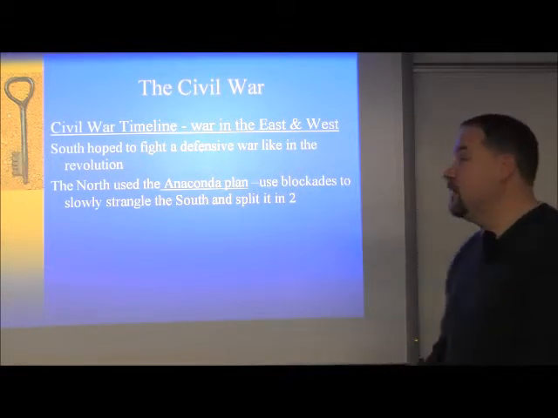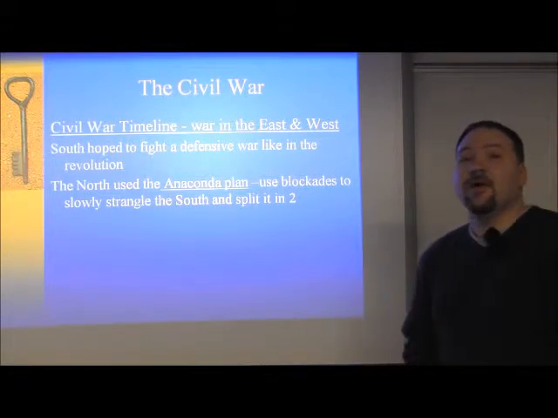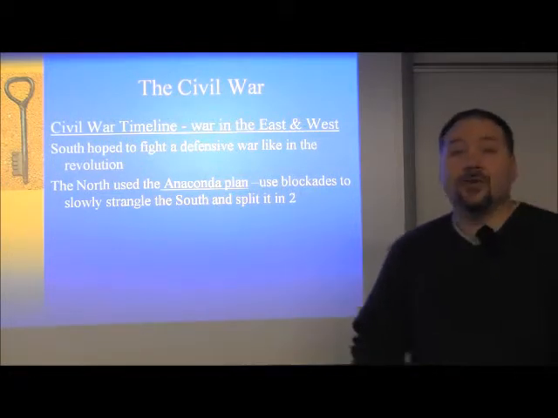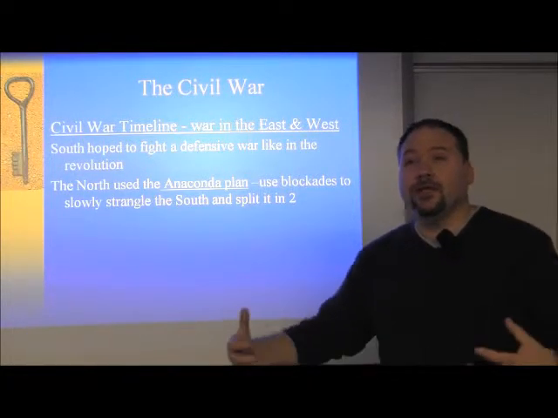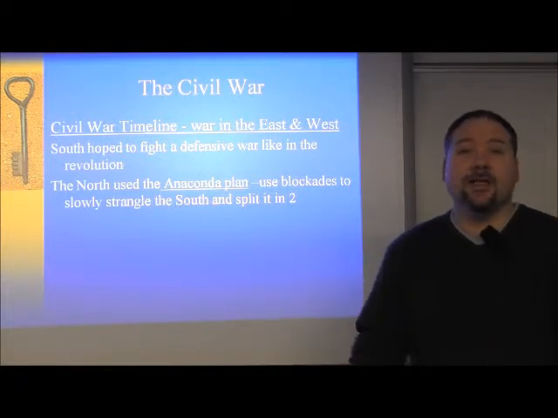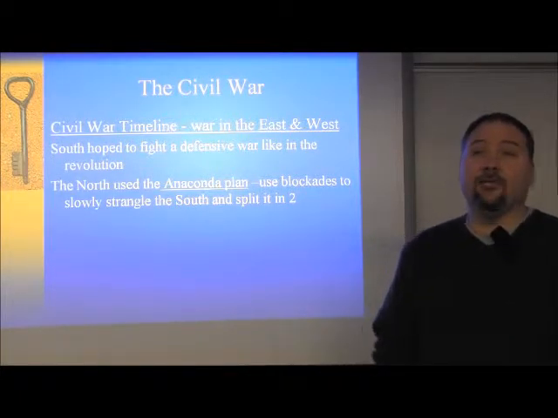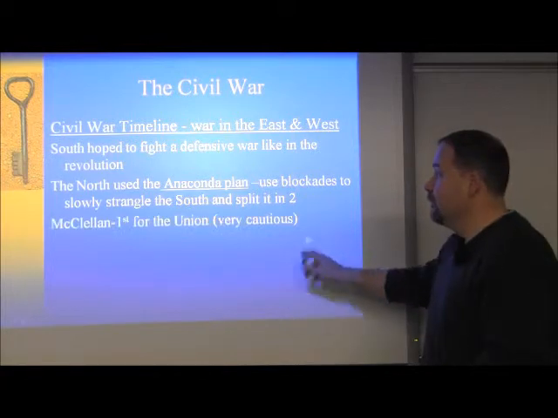They're going to blockade them and slowly squeeze the South. And then they're going to try to take control of the Mississippi River, which would split the South into two parts and basically slowly squeeze their prey till they have to give up because they can't fight anymore. That's the North's plan.